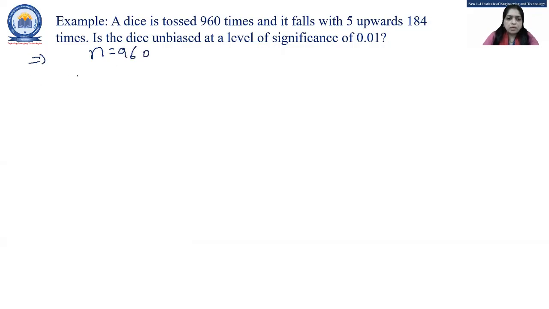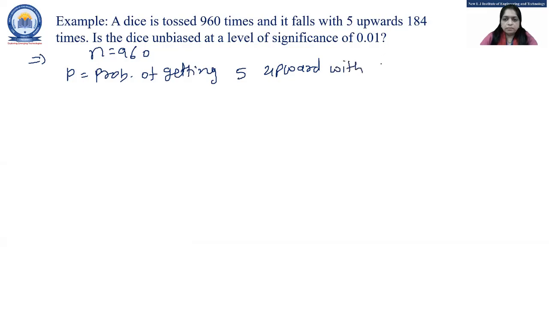P, that is the probability of getting 5 upward with one die, is 1 by 6. So Q, as you all know, is 1 minus P, and that is 5 by 6.